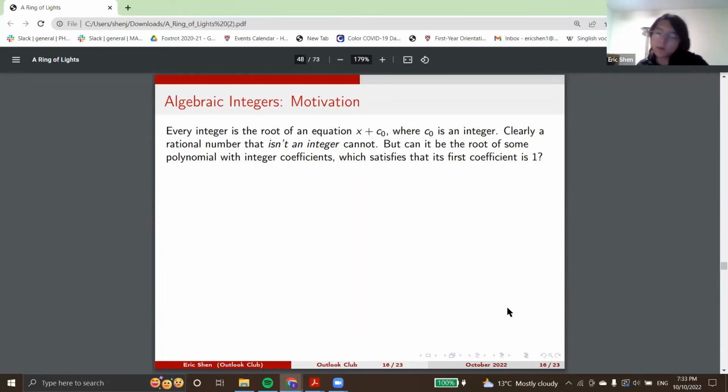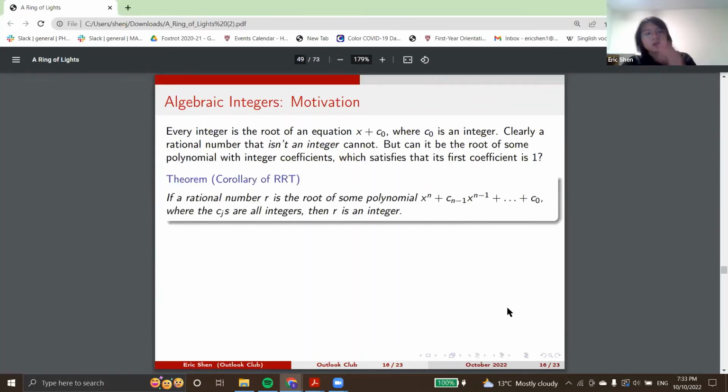Can it be the root of some x squared plus ax plus b, or some x cubed plus ax squared plus bx plus c? It turns out, by something known as the rational root theorem, that the answer is no. If a rational number r is the root of some polynomial x to the n plus some integer polynomial, with its leading coefficient, the coefficient of x to the n, equal to 1, then r is in fact an integer.